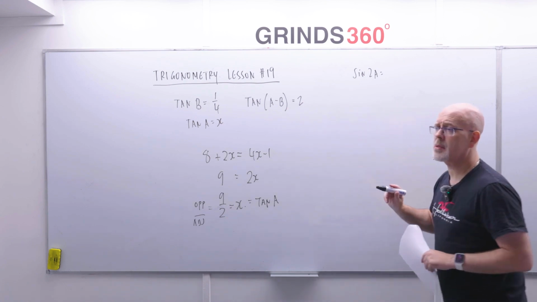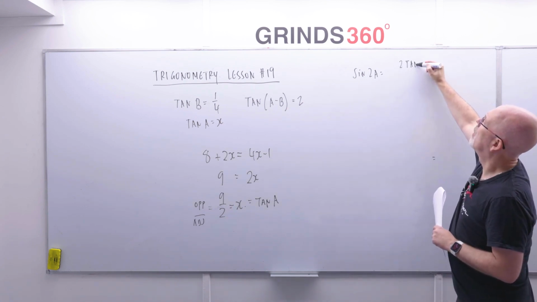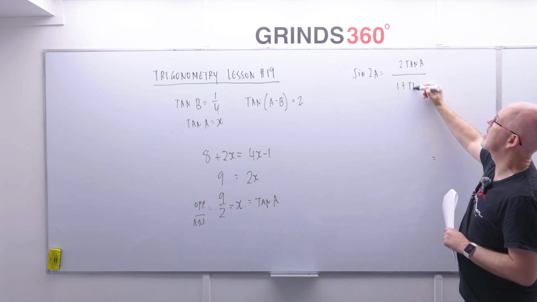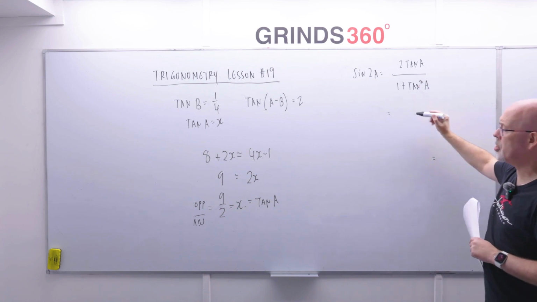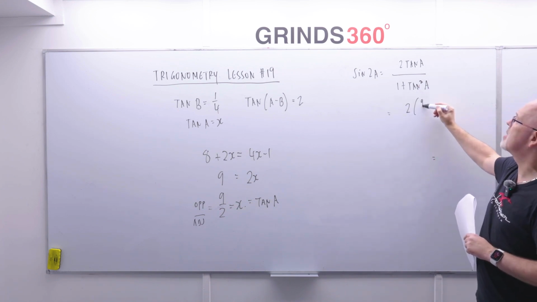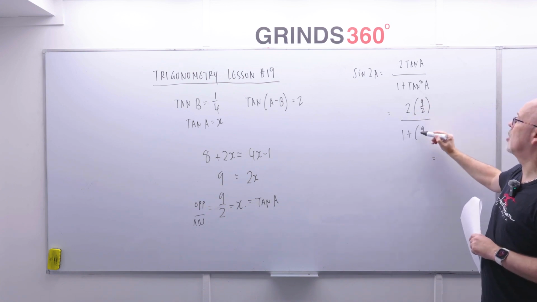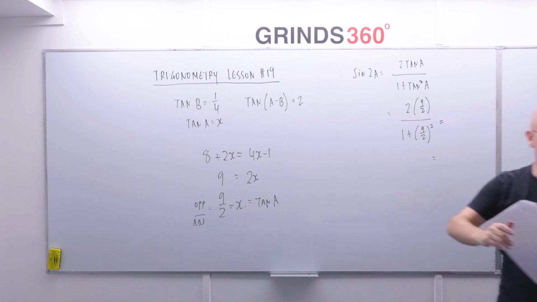So sine 2A is equal to 2 tan A over 1 plus tan squared A. 2 tan A is 2 times 9 over 2, over 1 plus 9 over 2 squared.